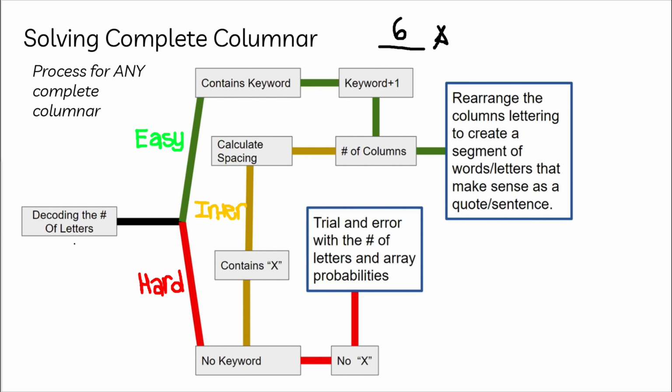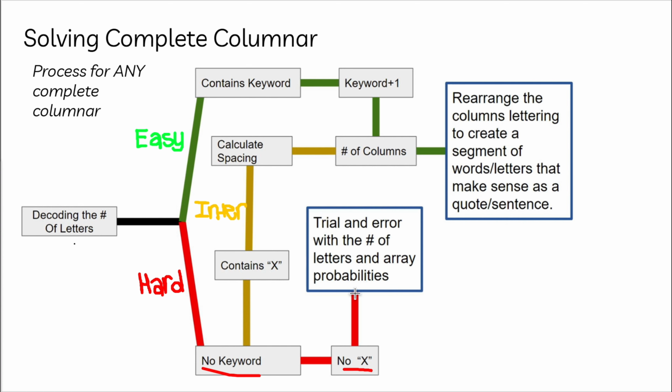Now moving on to hard. The first step for everything is to count the total number of letters. This time you don't have a keyword and you have no X, so it's really trial and error at this point, with the number of letters and array probabilities.